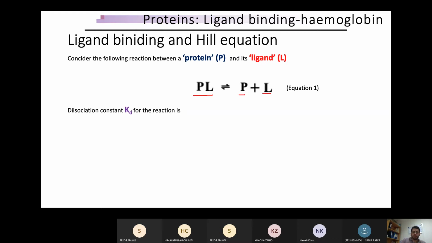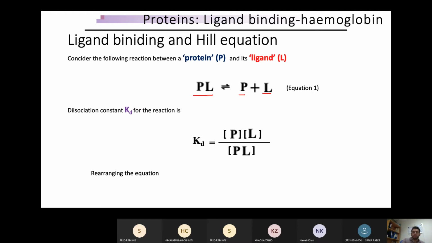You could explain the dissociation constant for this reaction, which is called Kd, and if you want to write this Kd dissociation constant, you write it like this, and you could see this is the concentration of unbound protein times the concentration of unbound ligand, divided by the concentration of protein ligand complex. This is how we write this overall equation.